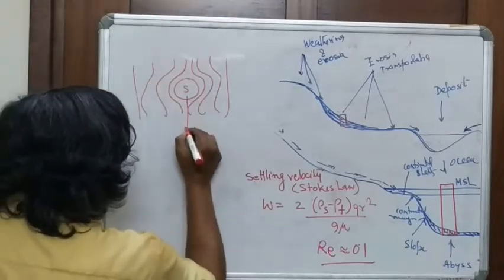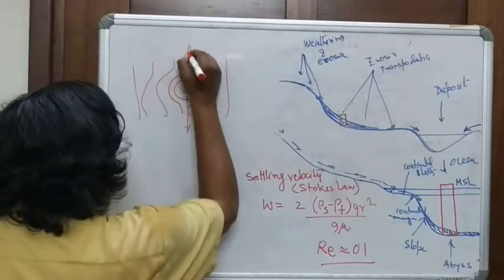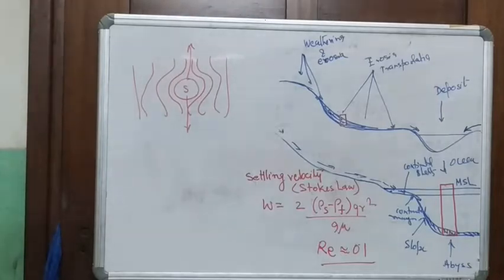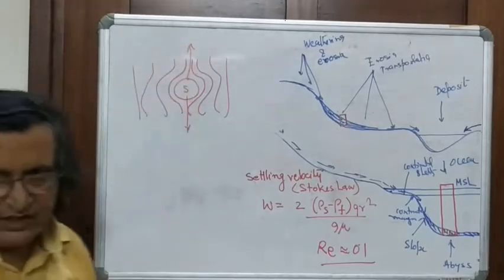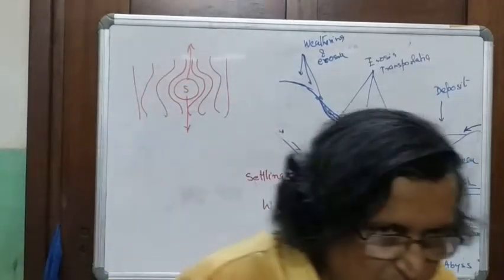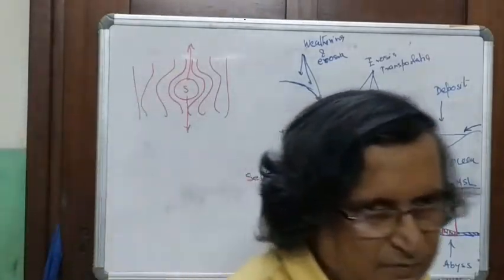So this is the particle, gravity drawing downwards, and this is the drag caused because of the fluid through which it is passing. So when this force is more than this force, obviously the particle would settle, start moving downwards. But if this balances, then of course the particle is kept in suspension.